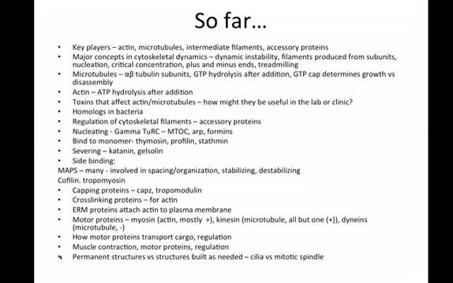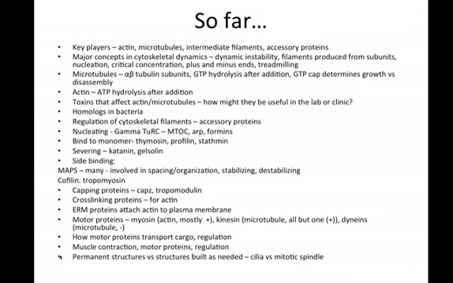So after going through all those accessory proteins, we started talking about motor proteins and how motor proteins move cargo and how that's regulated. We spoke about muscle contraction the other day and how that's an example of motor proteins working and how that's regulated.